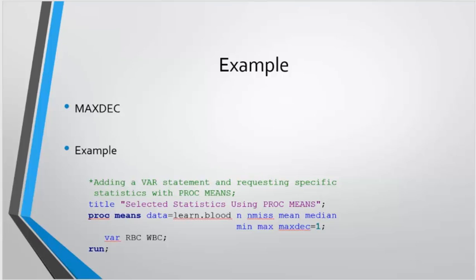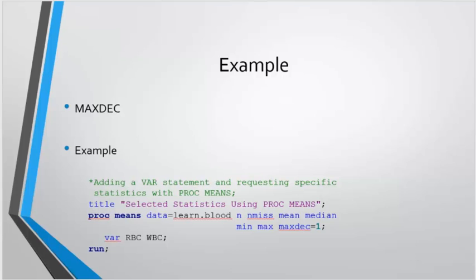So here we're computing the number of missing and non-missing. That's why you see the NMISS after the dataset specification. The mean, the median, the minimum, and the maximum for the red blood cells and the white blood cells. So the VAR statement specifies red blood cells and white blood cells.